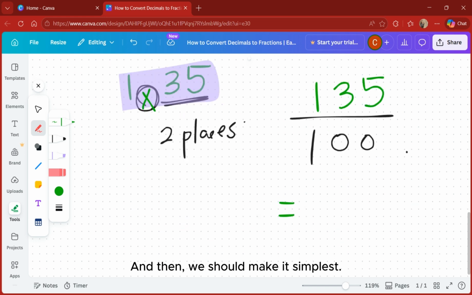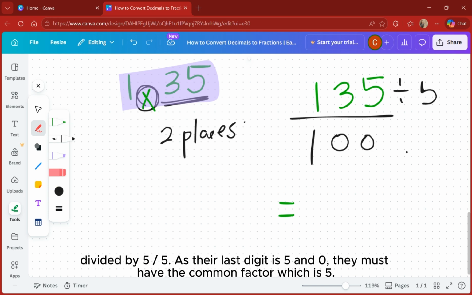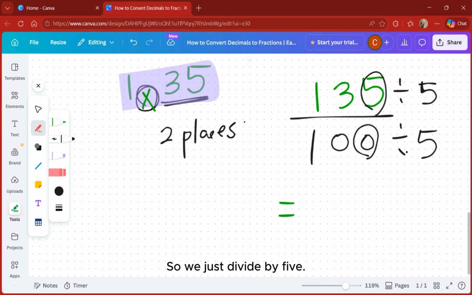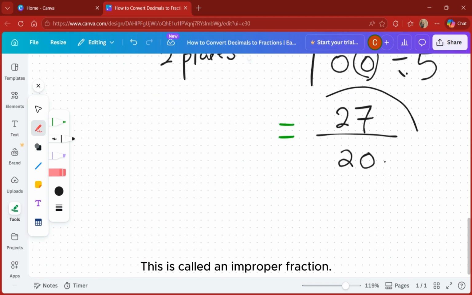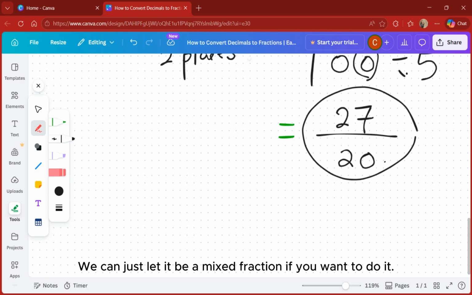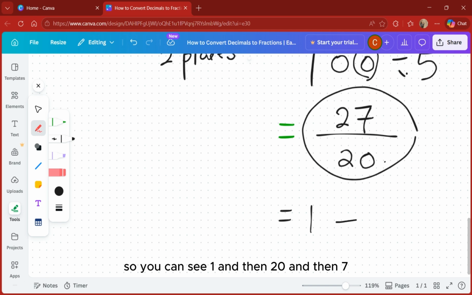And then to make it simple, divided by 5, divided by 5, because their last digit is 0 or 5, right? So they must have a common factor, which is 5. So we just divide it by 5. Once divided by 5, this will be 27, and this will be 20. This is called an improper fraction. We can just let it be a mixed fraction if you want. So you can see 1 and 7 over 20.